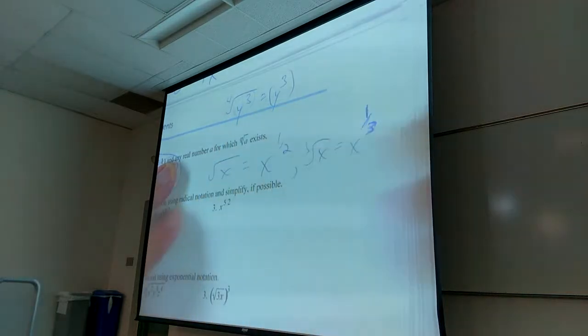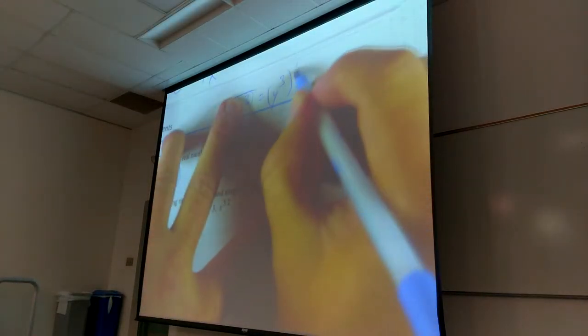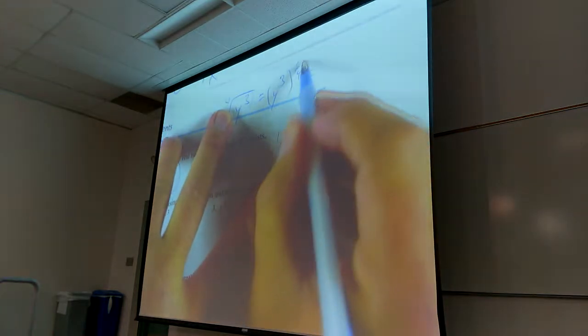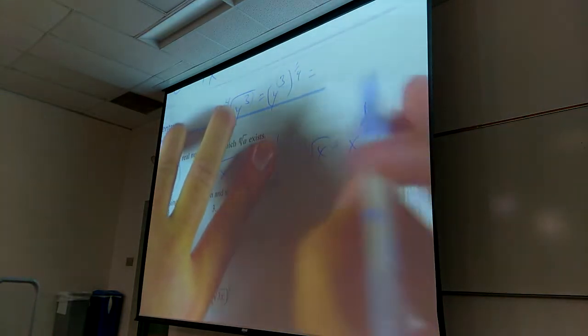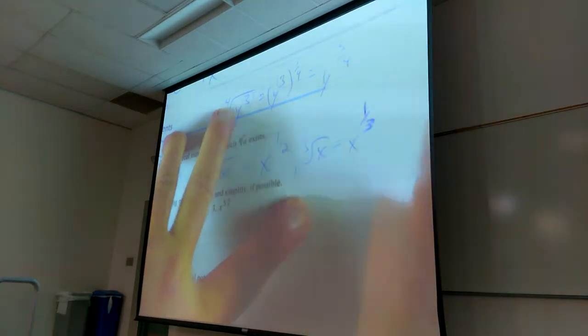How do you rewrite a 4th root? A 1/4 power. Is everybody cool with that? Because what's a 4th root do to something? Cuts it in fourths. So a 1/4 power makes a stupid amount of sense. I love the word stupid as an answer. So then, what do I do with those? Multiply. So this is y to the 3/4.